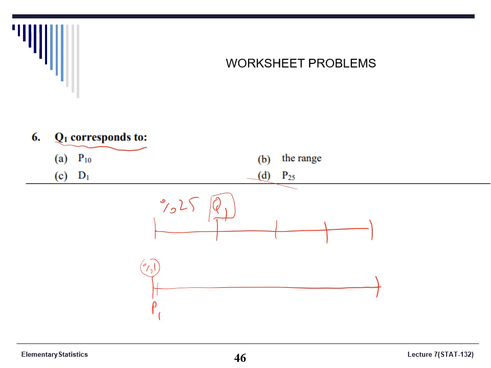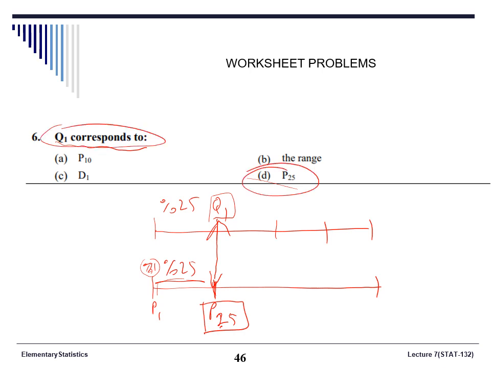And the question here is which percentile puts 25% of the data behind. So this is obviously the 25th percentile, which corresponds to the first quartile. So we can say the first quartile is equal to the 25th percentile.